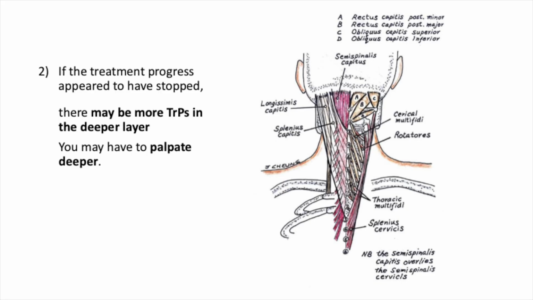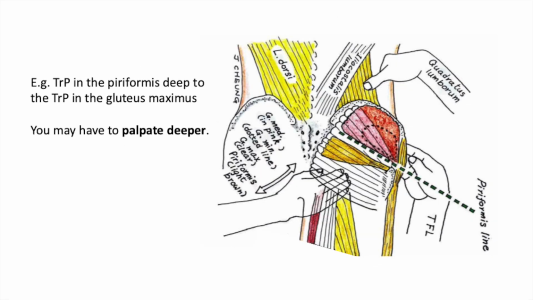You may have to palpate deeper and look for trigger points in the deeper layer to treat further. Another example, you may have eradicated trigger points in the gluteus maximus, but there is a trigger point in the piriformis deep to it. You may have to palpate deeper and treat what is underneath.